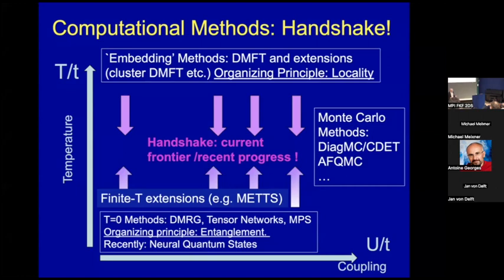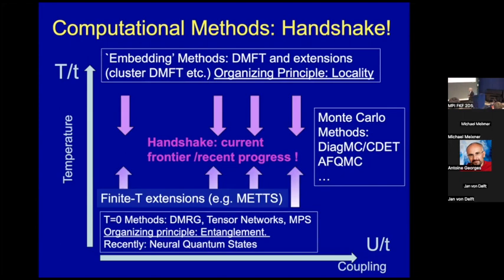A typical state may have volume law entanglement, which makes it very difficult to address computationally. But the ground state and the low-lying excited states may have, in favorable cases, a lower degree of entanglement, perhaps with area law entanglement. And that has allowed the use of very efficient compression methods to represent these wave functions.